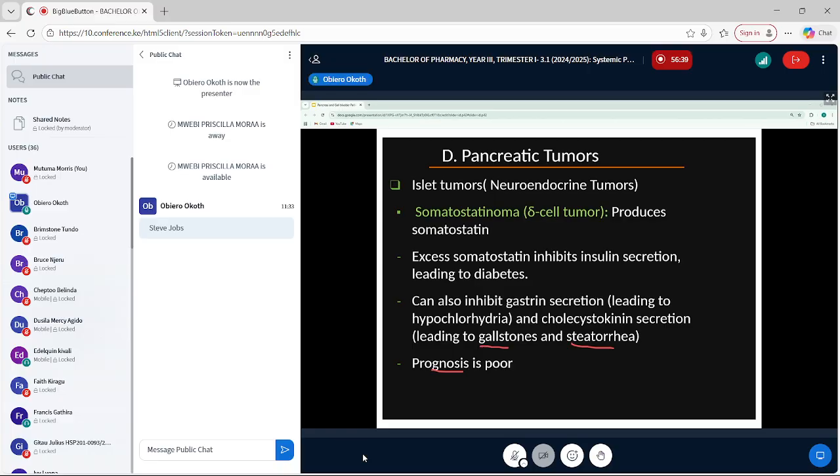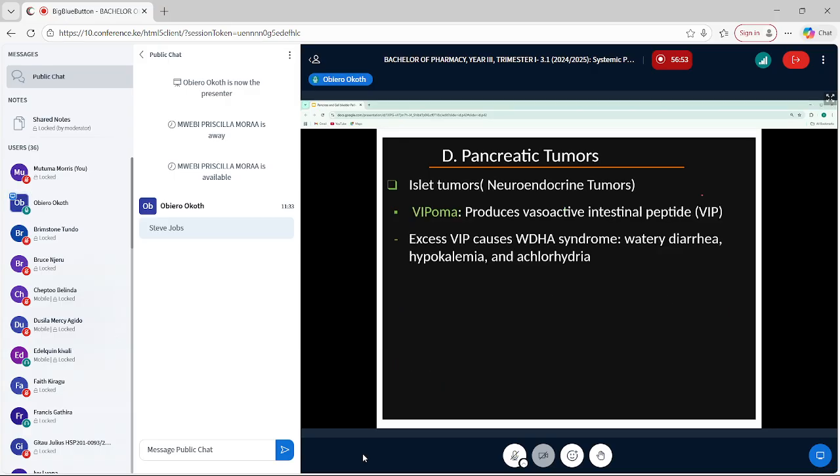The bad thing with these pancreatic tumors, some of them can be mild, some of them give you non-specific symptoms, meaning they're discovered extremely late. I'll go to the main tumor of the pancreas. You can have a vipoma. A vipoma produces a vasoactive intestinal peptide, and it causes a disease which produces watery diarrhea.